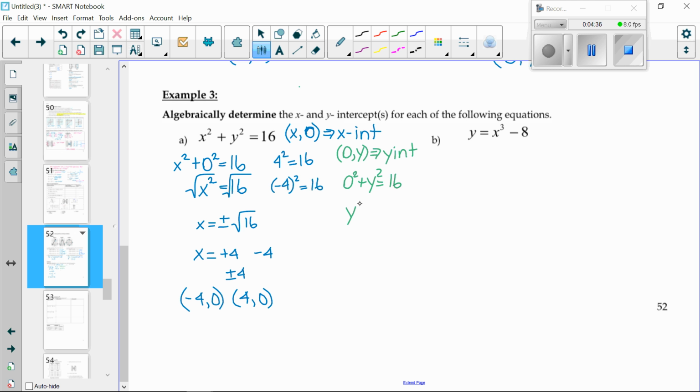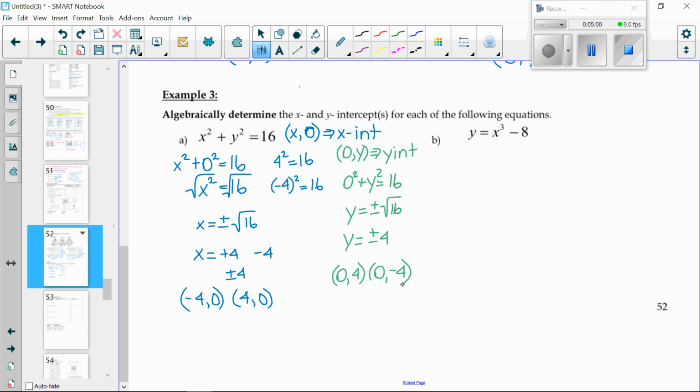Same thing happens. Take the square root of y squared and the square root of 16. That gives me plus minus 4. Y then is also equal to plus minus 4. So my y-intercept is going to be 0 and 4 and 0 and -4. Okay?